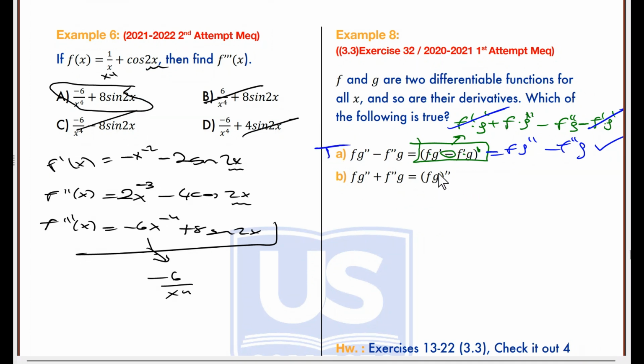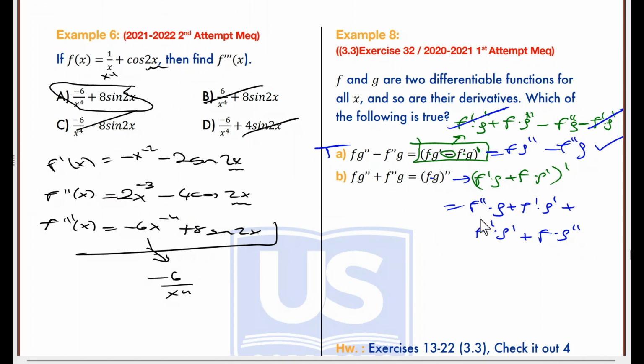B. Now open this parenthesis. We are asked to find the second derivative of this product. Okay. First derivative: derivative of first times second plus first times derivative of second. Now we are going to take the derivative of this one by one. Derivative of f prime, f double prime times g plus first f prime times derivative of second g prime plus first f times first derivative of first times second plus first f times derivative of second.